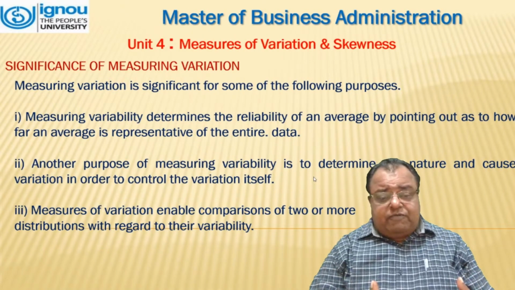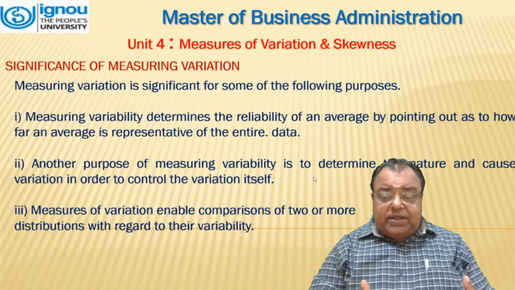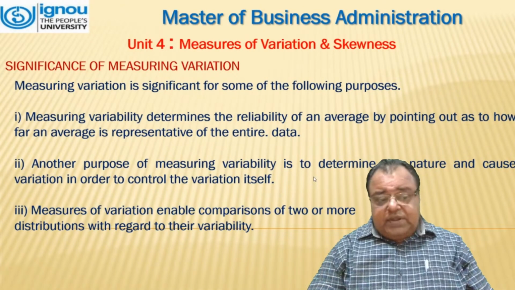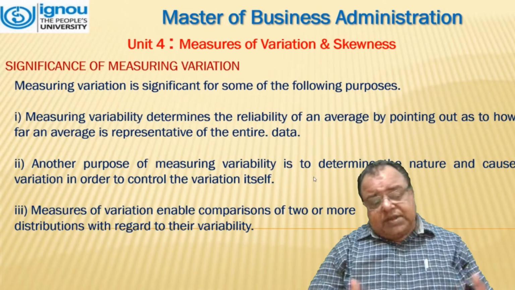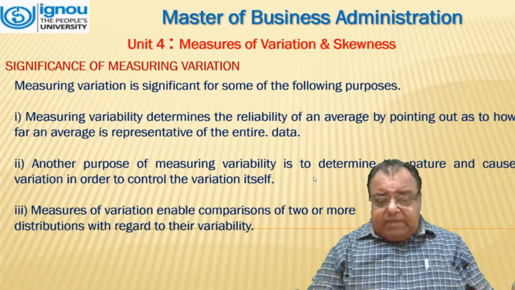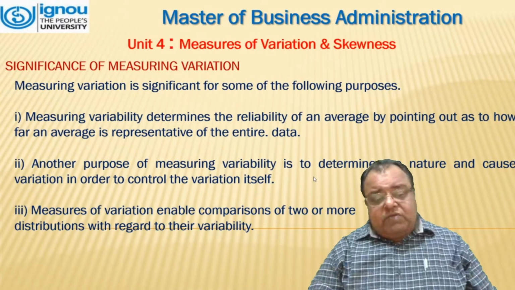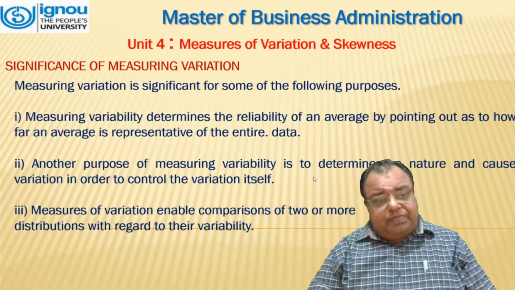Another purpose is to determine the nature and cause of variation in order to control the variation itself. Thirdly, a measure of variation enables comparison of two or more distributions with regard to their variability.